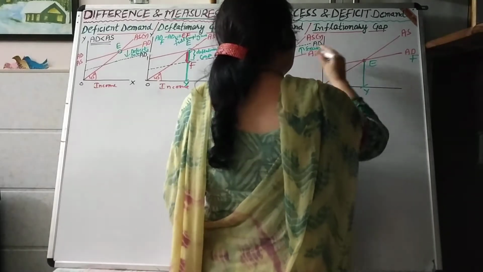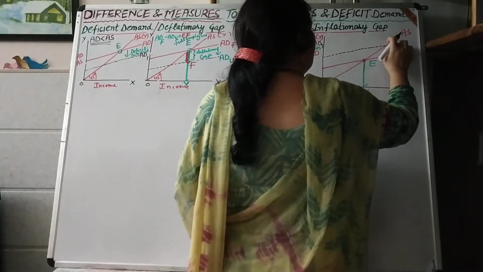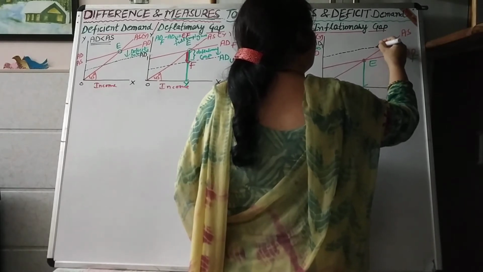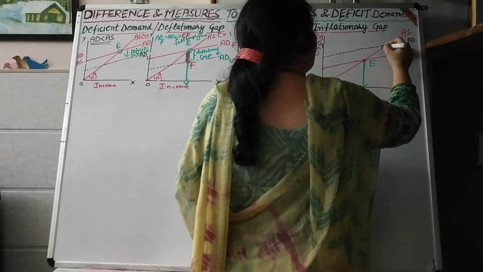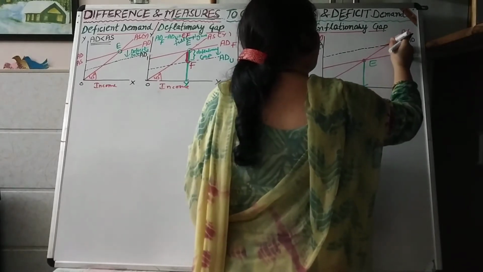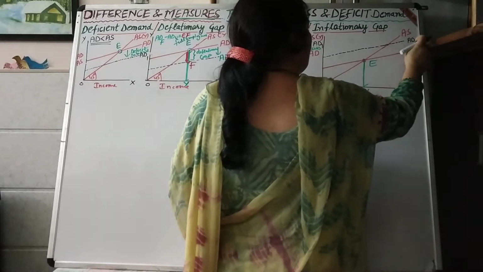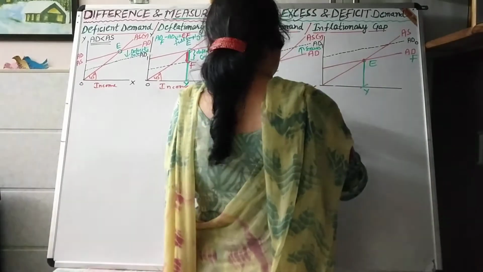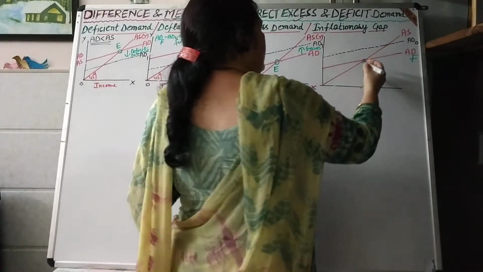Now due to some reasons AD shifts upward from AD to AD1, I am writing AD0. It means over full employment level. Now the concept is we have to clear inflationary gap.